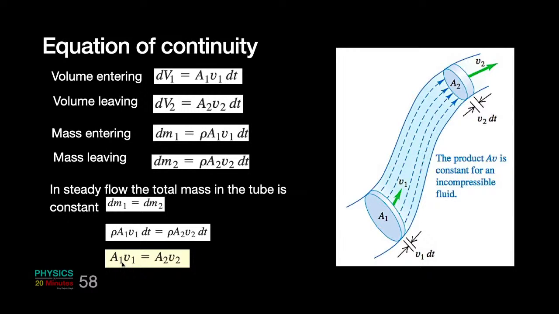It means that if area decreases, and since the product has to be kept constant, the velocity increases. If area increases, the velocity decreases. So the velocity can be controlled by the diameter or the radius of the pipe.